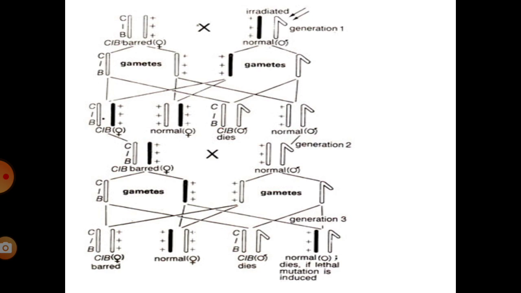Even though she has two lethal genes, she survives, unlike her sons who would die because the lethal genes are not alleles. This is exactly what the CIB technique tells you. So it is basically a method of detection of mutation.